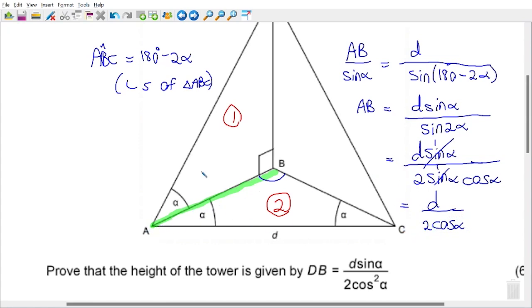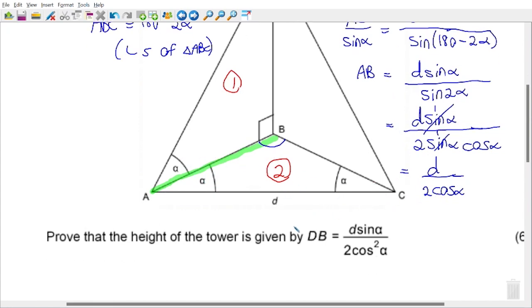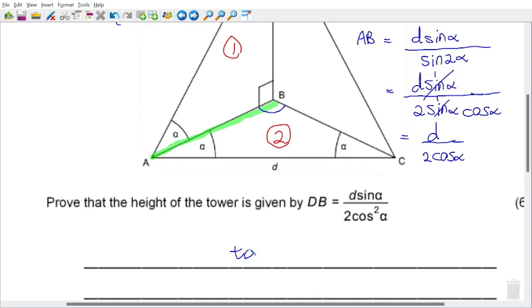So now in triangle number 1, which trig ratio would involve the opposite and the adjacent? In fact it would be tan. So the tan of alpha will be DB over AB.